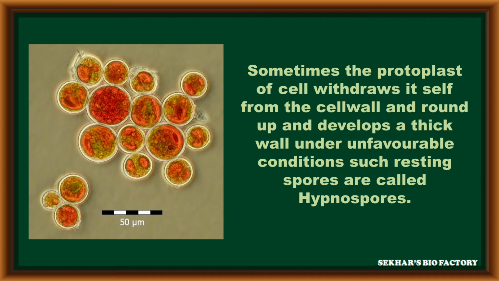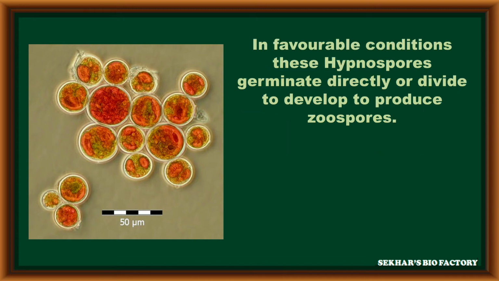Sometimes the protoplast of the cell withdraws itself from the cell wall, but now it is surrounded by a thick wall under unfavorable condition. Then these thick-walled spores undergo a resting period. Now these spores are called hypnospores.